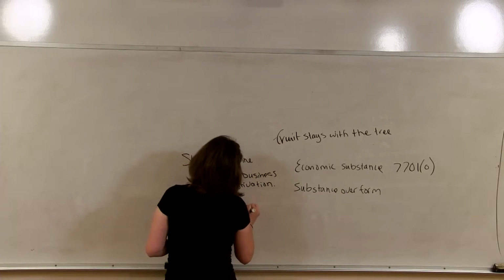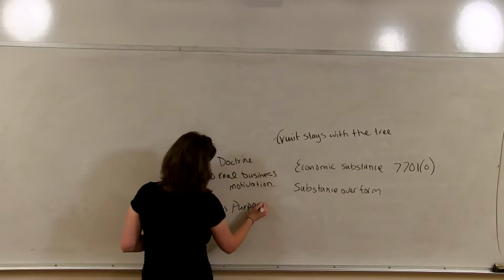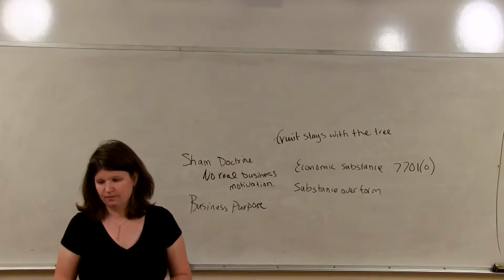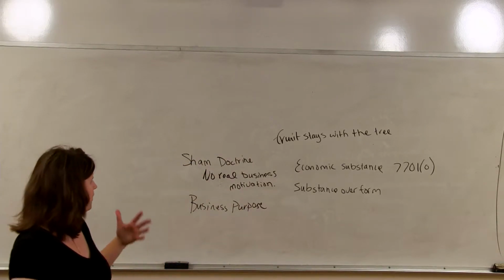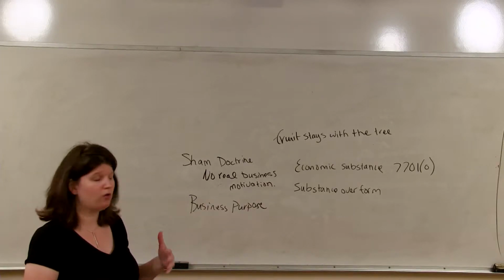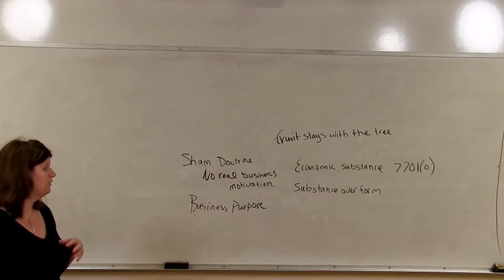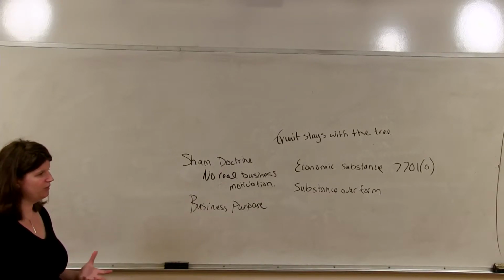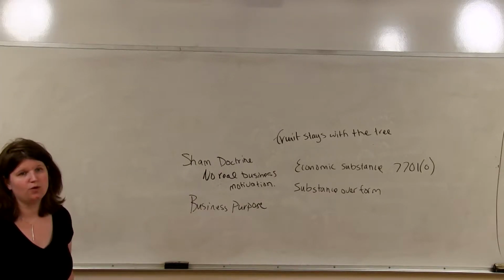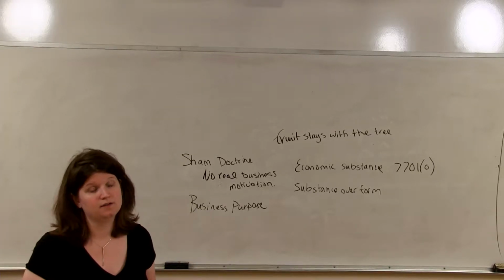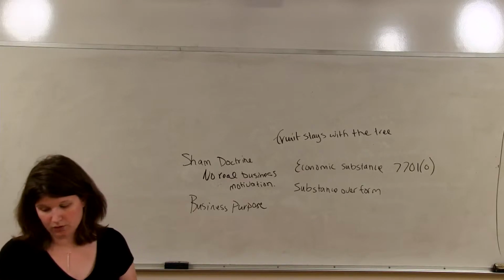There must be some sort of business purpose out there other than tax motivation. Depending upon what code section you're looking at, the requirement for a valid business purpose may be a lot stronger. Some code sections, the business purpose requirement is very weak. You only need a very little bit. Other code sections, you need a lot. So it depends upon what you're looking at.